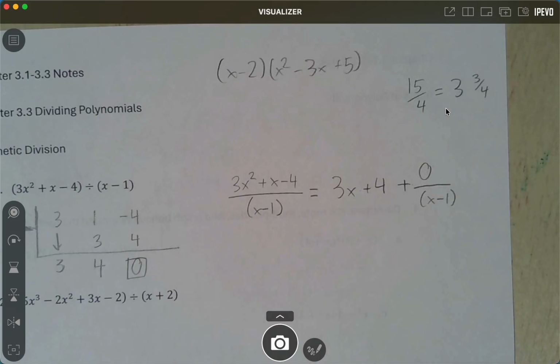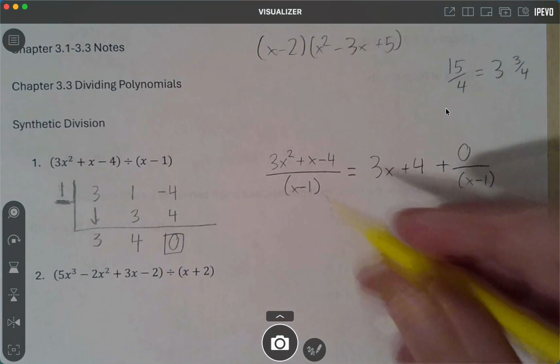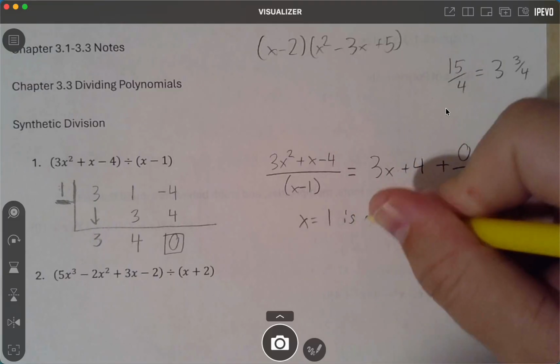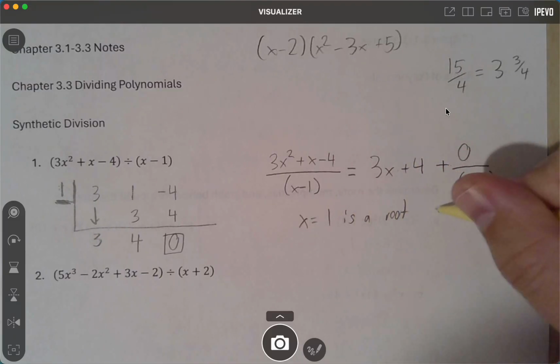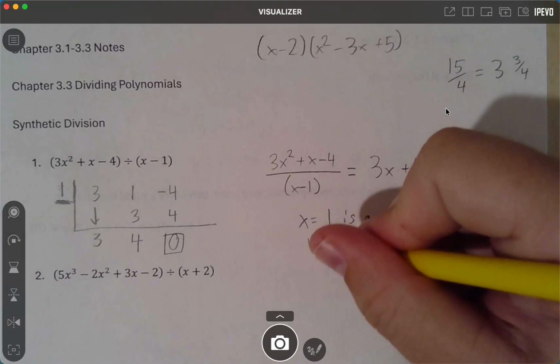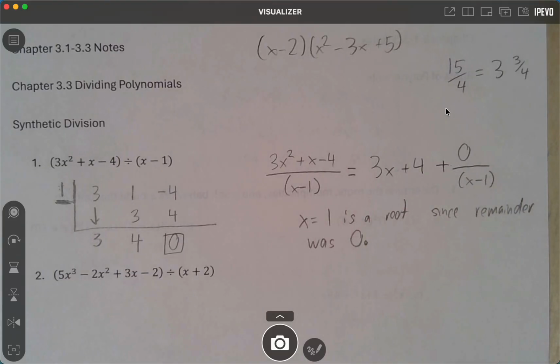Now, more so, here's the important thing, and then we're really going to start flying, is that what I just figured out is that x equals 1 is a root since the remainder was 0. Now, what's another way of saying that for this example?